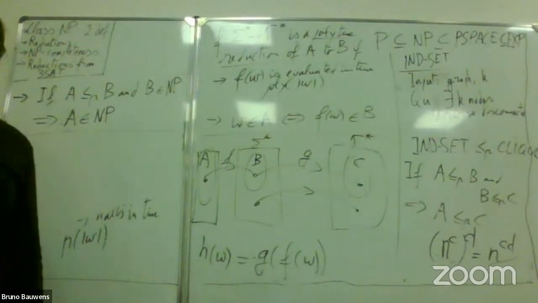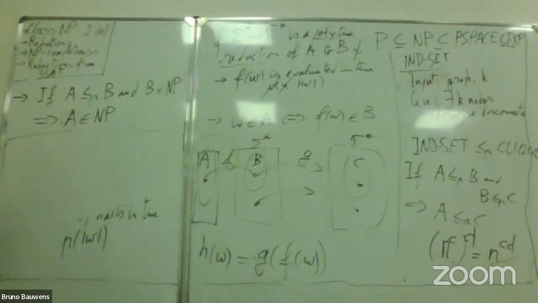Yeah, that's enough properties. Now let's do a less trivial example of reduction. Let's go back to binary integer programming.